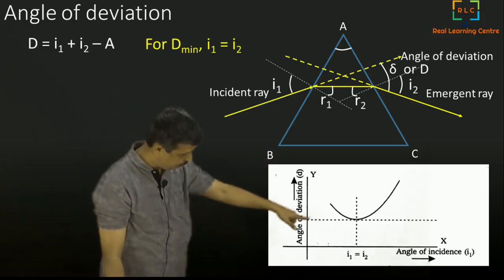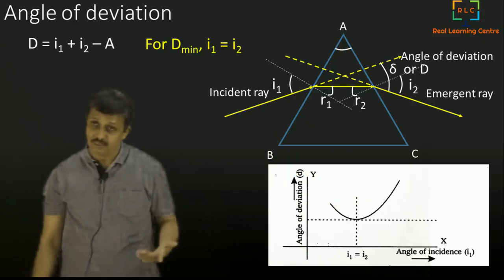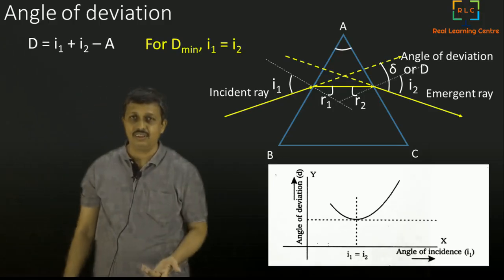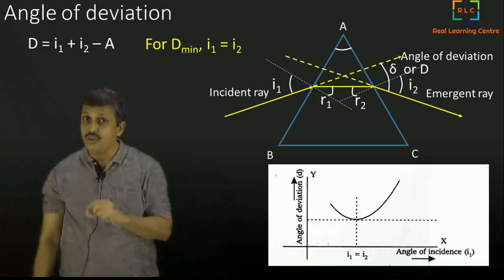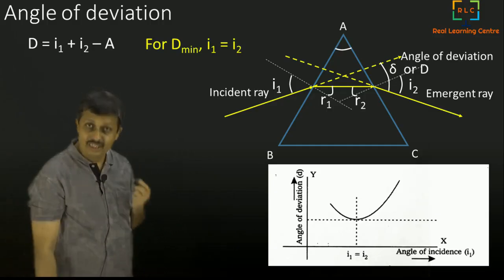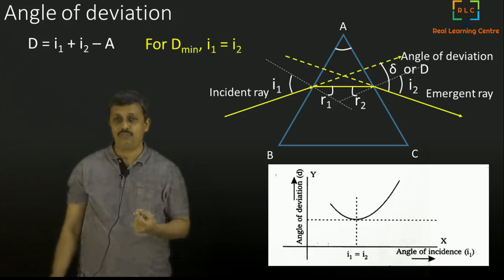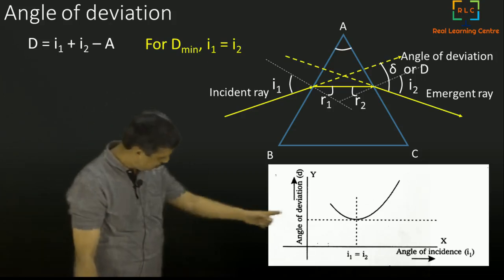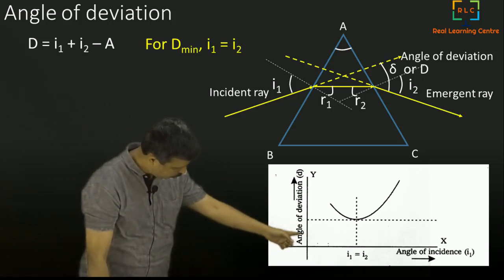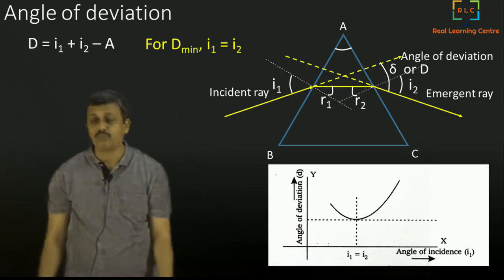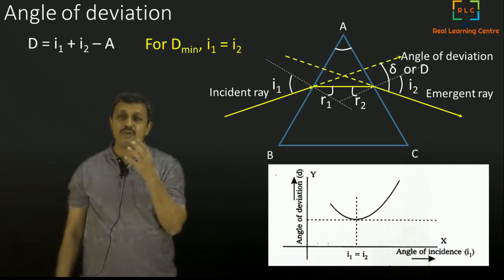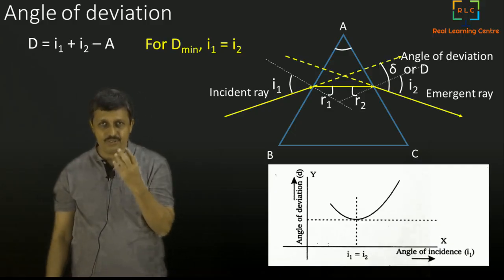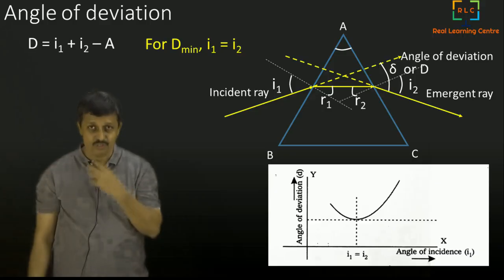Then it goes up again, meaning the angle of deviation increases again. So many problems you can solve by knowing the minimum angle of deviation is when I1 is equal to I2. The bottommost point is I1 is equal to I2. This is one of the important aspects of the prism that you need to understand. If you want to compute the angle of deviation, you can use this.